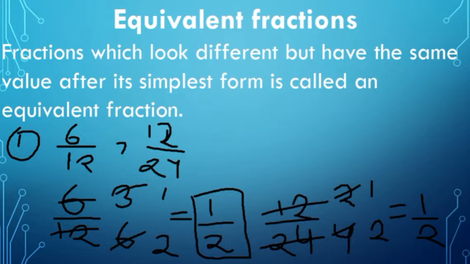It will be 24, okay? I have written 27 by mistake. Anyways, so 6 by 12, let's reduce it to 3 by 6, and then again reduce it, you get 1 by 2. And then 12 by 24, reduce it, you get 2 by 4, and then reduce it, you get 1 by 2. So 1 by 2 and 1 by 2 are equal, right? So 6 by 12 and 12 by 24 are equal.